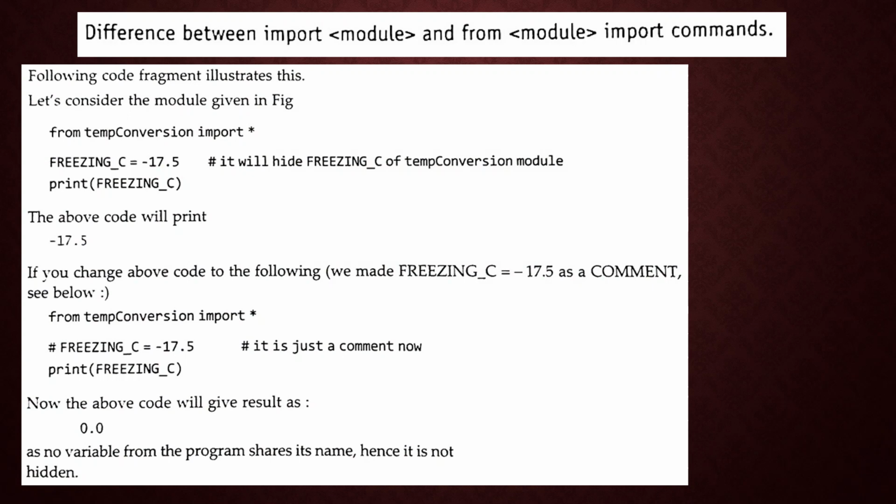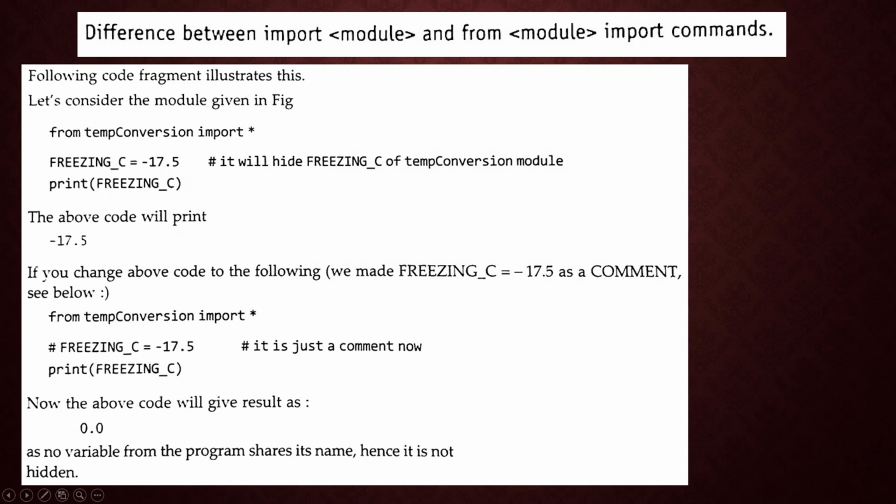From temp conversion import star. Freezing_C equal to minus 17.5 is taken as a comment. Print freezing_C. It will result in 0.0. Here initially its value is given in the module, so that's why it will print its value. Otherwise that will be hidden from the program.